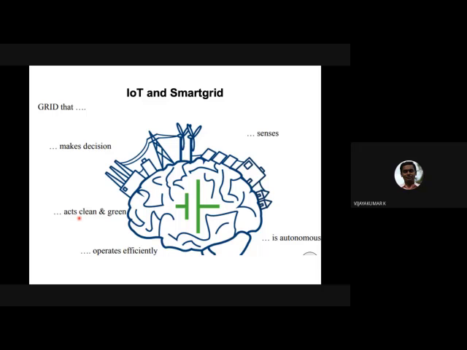So this smarter grid will act as clean and green. Clean and green means, for example, if we have more wind power and power from photovoltaics, at that time we can utilize those powers by cutting off the conventional power plants. Because it has the decision power, it will send the control to the conventional power plants to reduce the power.